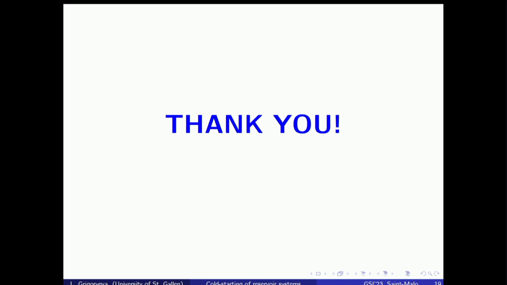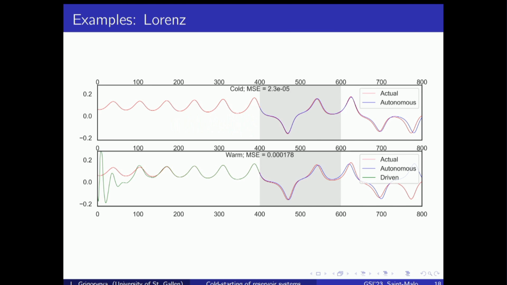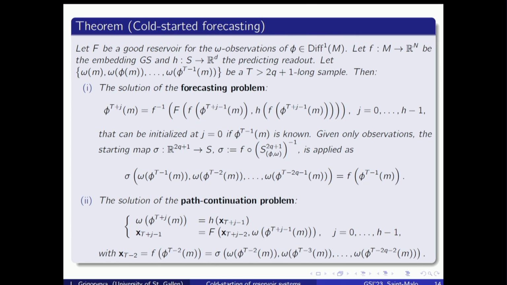So, questions? Yeah. So, I just want to check if I'm understanding. So this starting map, that's learning the initial condition to apply, is it? It is learning, so if I'm going here, what it does is it just learns a map that brings you from these 2Q plus 1 observations of a dynamical system to this submanifold, which is embedded by the generalized synchronization.